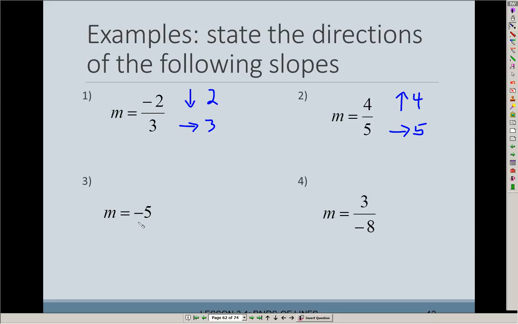When the slope is -5, don't forget to put that over a 1. -5 for the rise is down 5. +1 for the run is right 1. And on occasion, you might have the negative be in the denominator. So if it's a +3, this one goes up 3 for the rise. And since the run is negative, this one goes left 8. Rise over run.